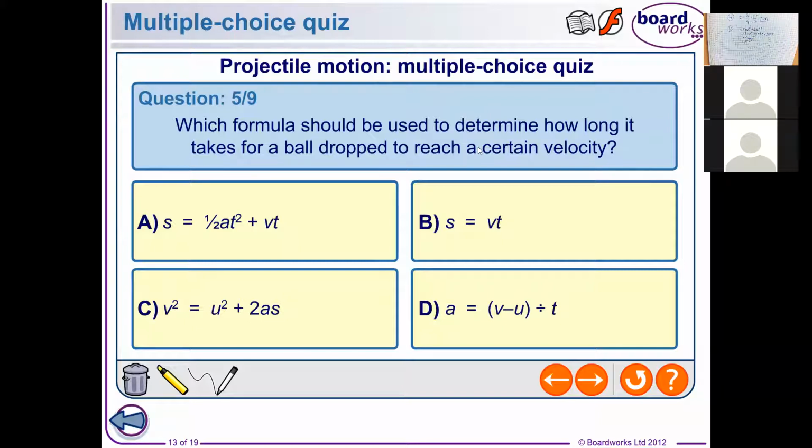A. Not quite. We've not got a constant velocity, so it's not B. We want to work out how long it takes, so we need time, so it's not C. So the answer is D, simply because you only need to know the velocity, because if it's being dropped, U is 0. Whereas this one actually has some other aspects to it. Oh yes, I understand.